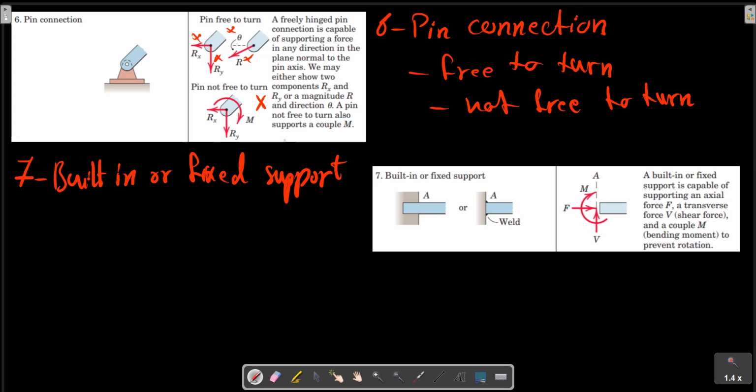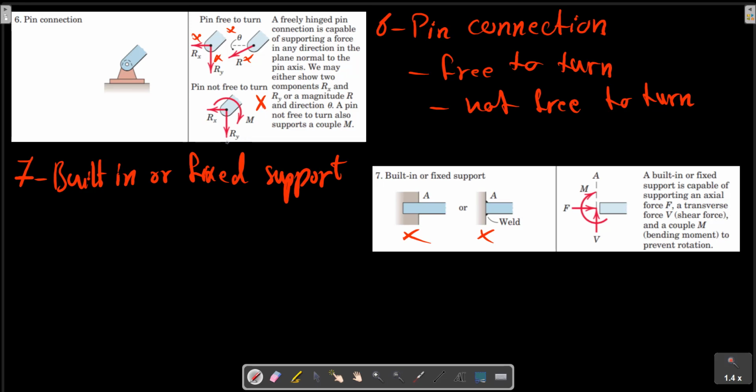Example 7 shows the resultants of the rather complex distribution of force over the cross-section of a slender bar or beam at a built-in or fixed support, as shown here. Built-in and fixed welded support. The sense of the reactions F and V and the bending couple M in a given problem depends, of course, on how the member is loaded.